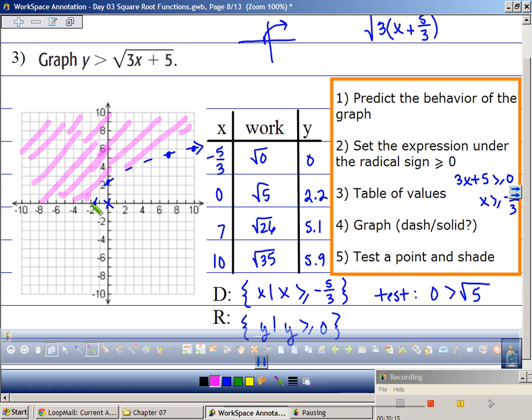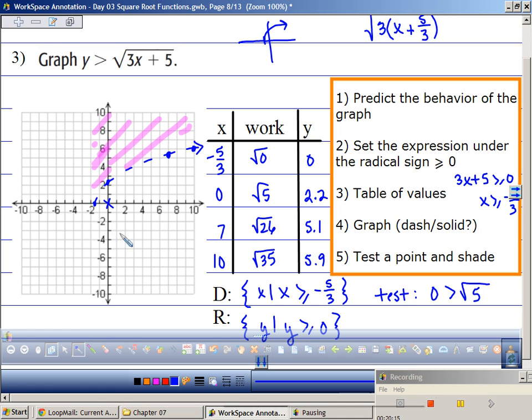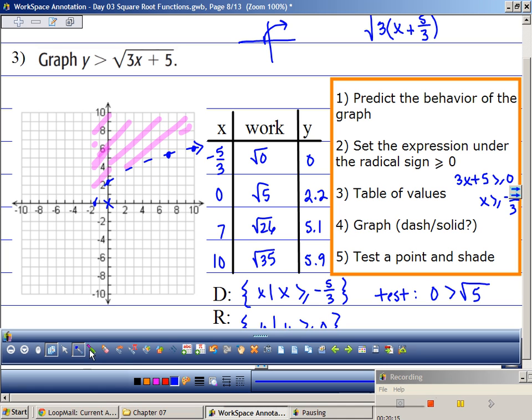Oh, I see what you're saying. Yeah, because it's all the y values above it. That would make more sense, huh? Because it's all the values that are greater than. So aren't those greater than values? Yeah. If you think about it, right?